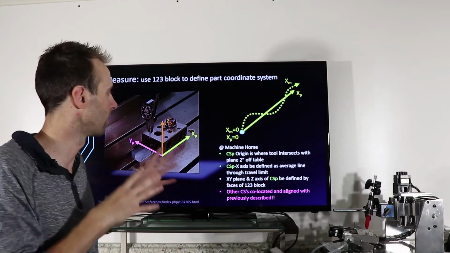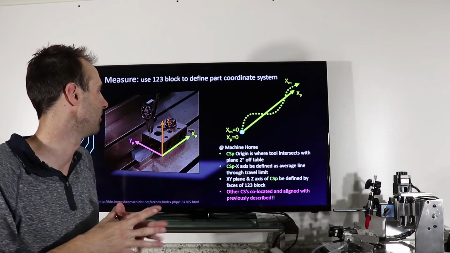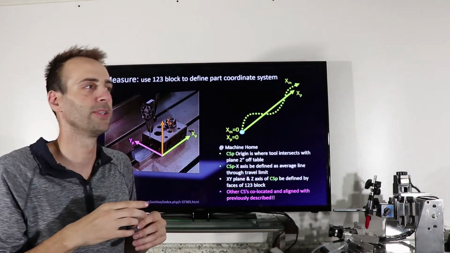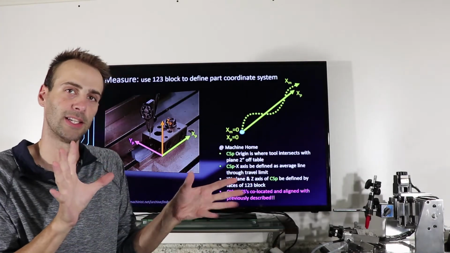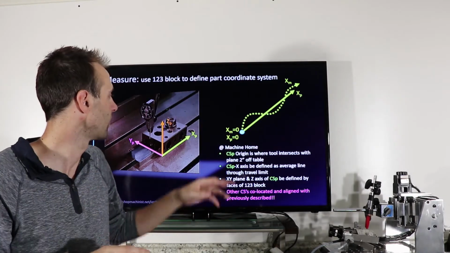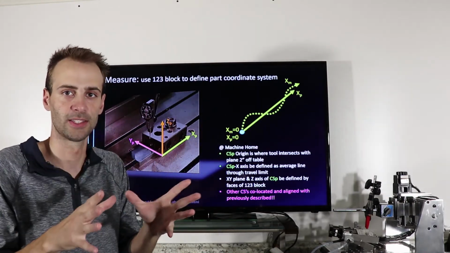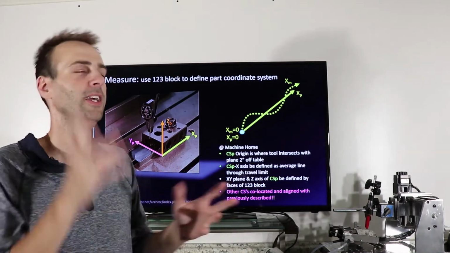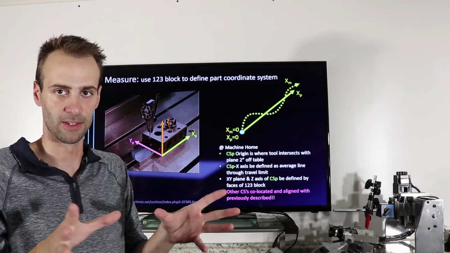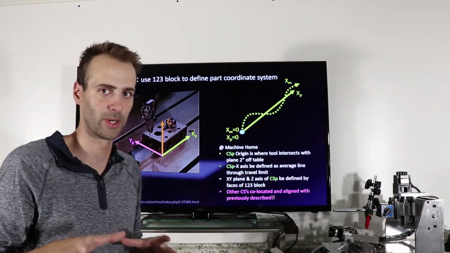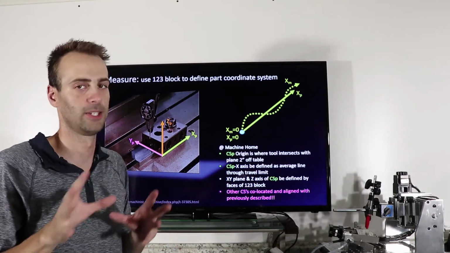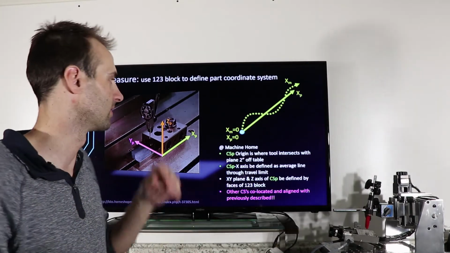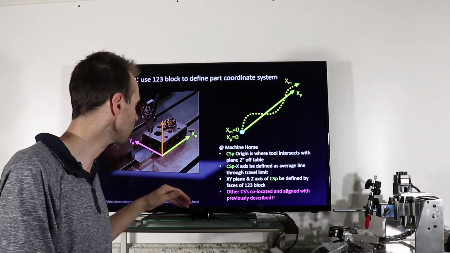And this is a shortcut over what I talked about last time, because you're not finding an average line of motion for all the axes and then defining them individually. It's like wherever that is, is the coordinate system, okay? Because we're going to assume that that object is perfect, and wherever it lies defines the coordinate system. So it's a shortcut. It's not as good. But for the DIY community, I'm pretty sure that it's a worthy shortcut.